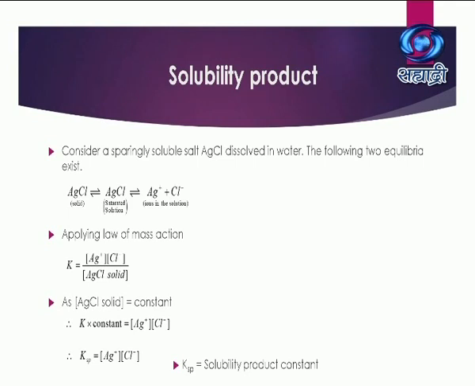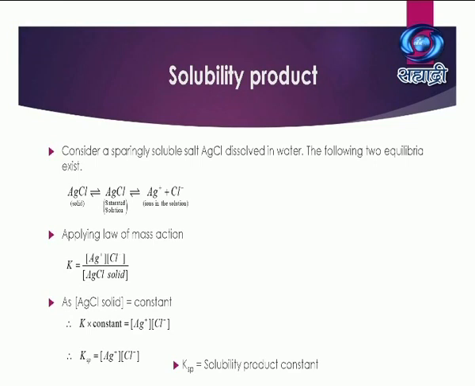Now as equilibrium is attained, you can apply the law of mass action to calculate the equilibrium constant. This is exactly on similar lines as we saw earlier for weak acids and weak bases. If I apply the law of mass action here, I will end up with the equilibrium constant K equal to active mass of Ag+ into active mass of Cl- upon active mass of AgCl solid.